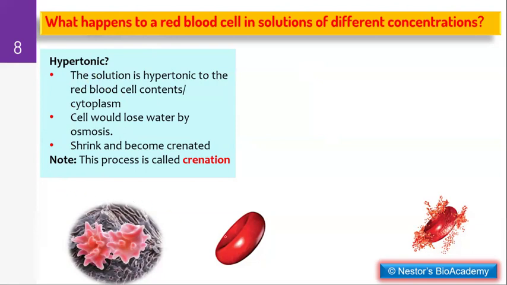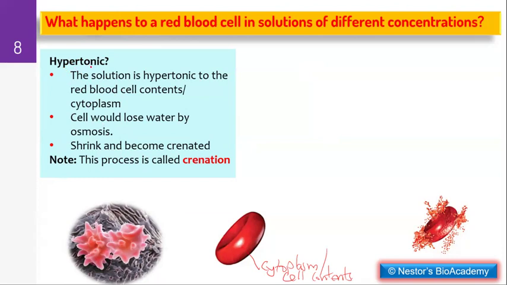Even though the red blood cell does not have a centrally placed sap vacuole, remember we also have the cytoplasm, or basically the cell contents, which is going to be the solution of reference, comparing it to the solution in which the red blood cell is placed.